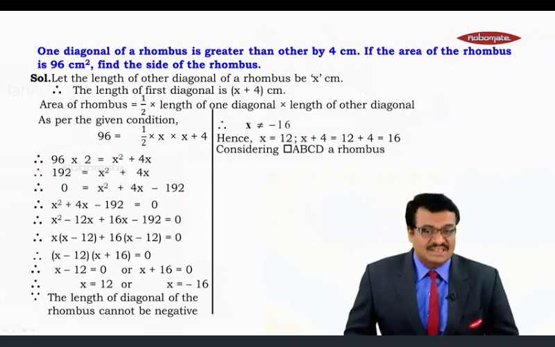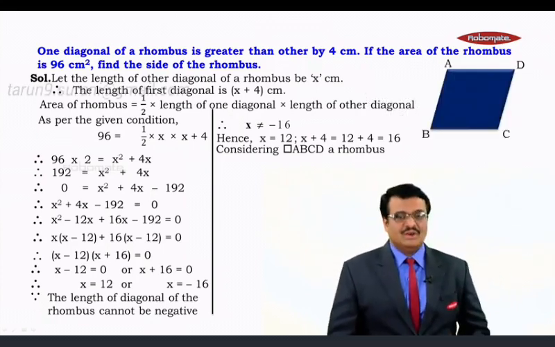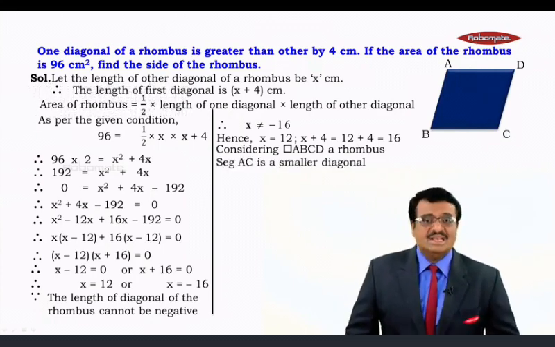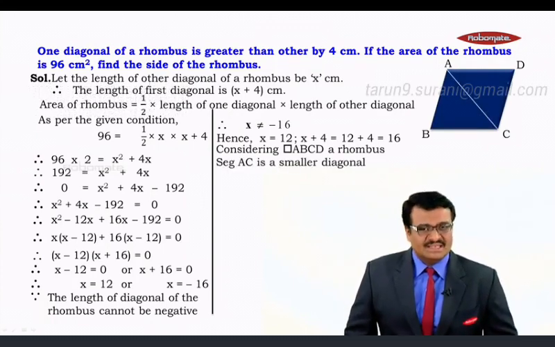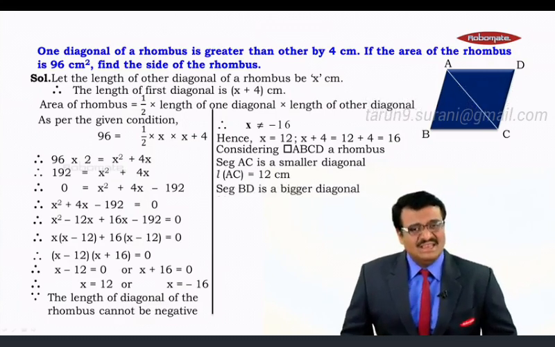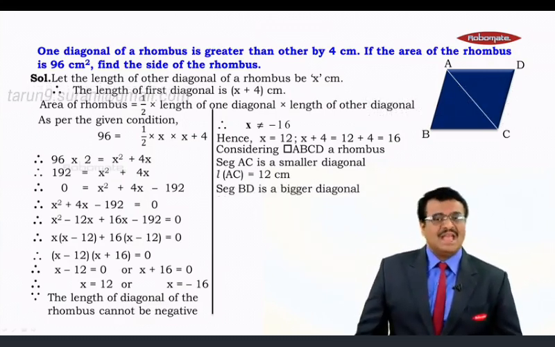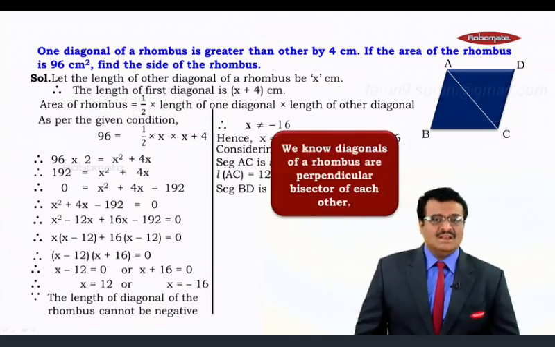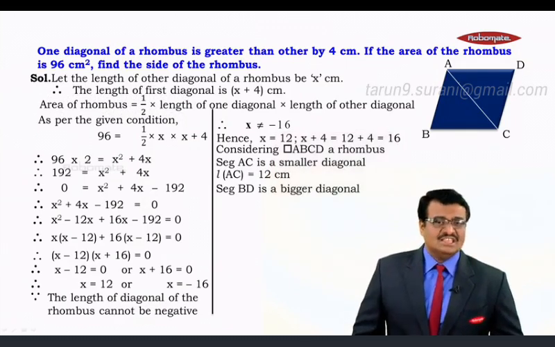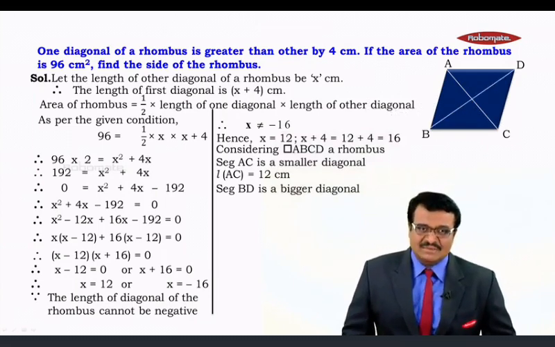Considering the quadrilateral ABCD as a rhombus, so this is the quadrilateral ABCD which is a rhombus. Seg AC is the smaller diagonal we will consider, and seg BD will be the larger diagonal. Smaller diagonal AC's length is 12 centimeter and BD, the bigger diagonal, is 16. Okay, and we know that the diagonals of a rhombus are perpendicular bisectors of each other.